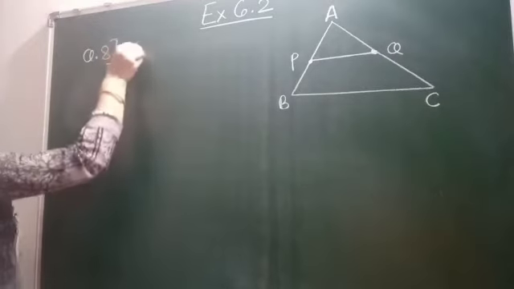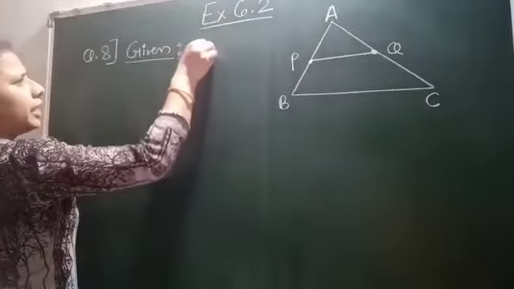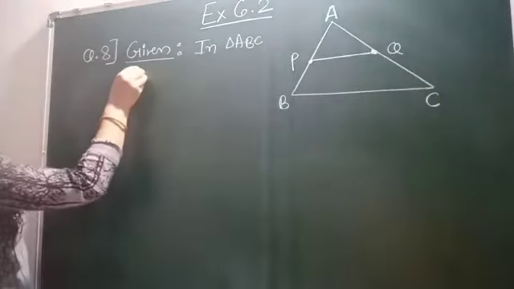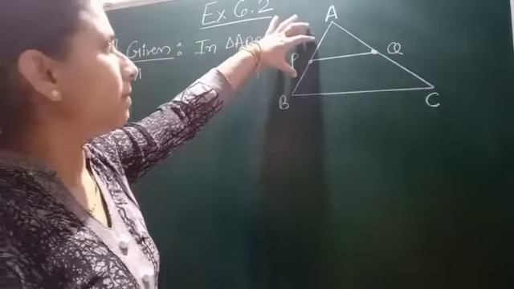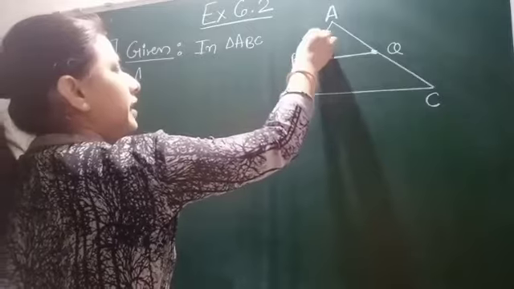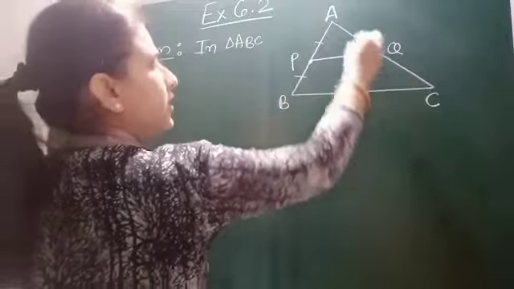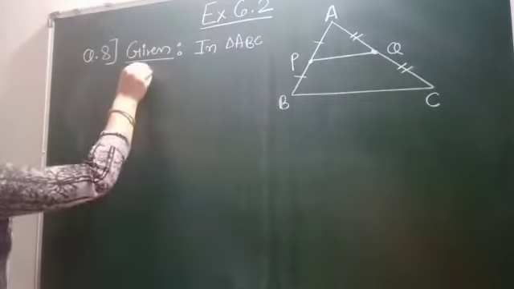So first we will write what is given here. In triangle ABC, P is the midpoint of AB, it means AP equals PB, and Q is the midpoint of AC, so AQ equals QC.